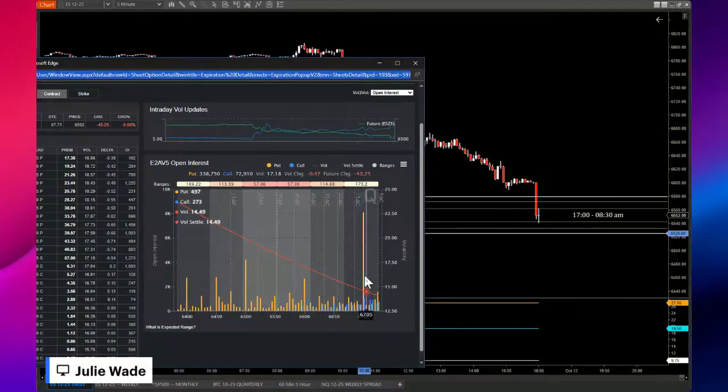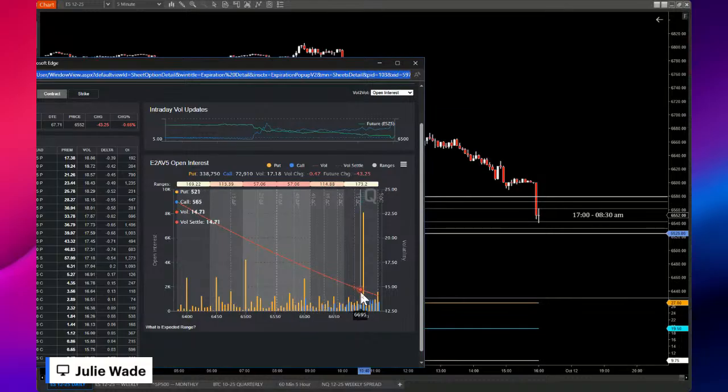So really this large put is going to be like the matador in the ring with a red cape, and your bulls are going to be wanting to charge for that.